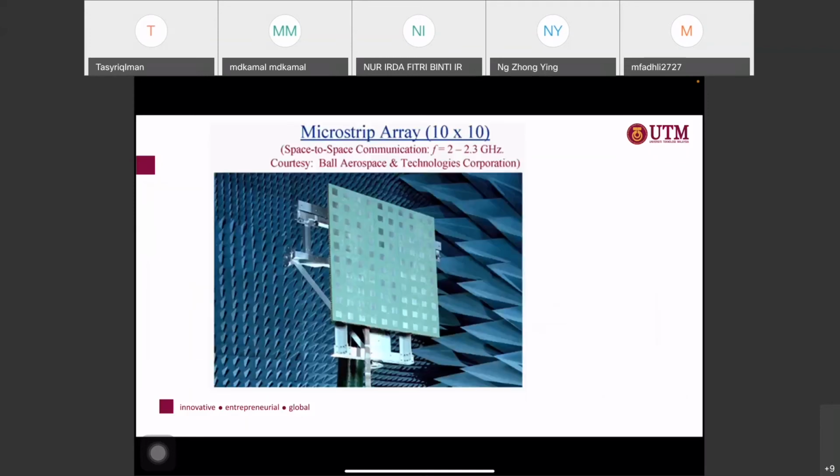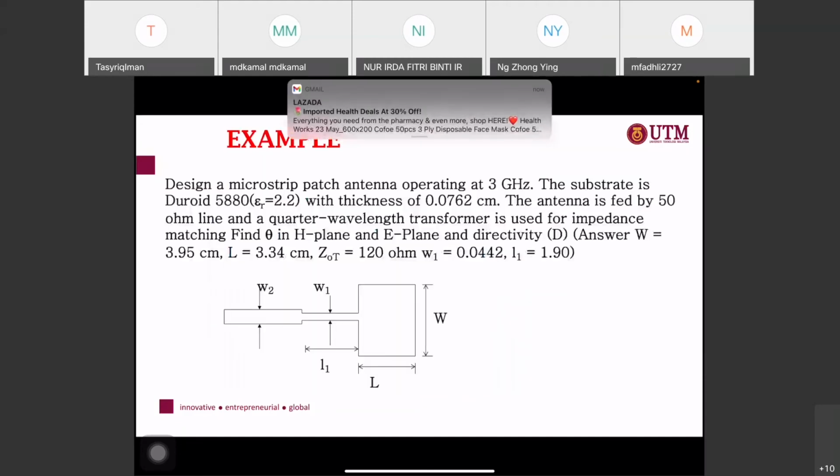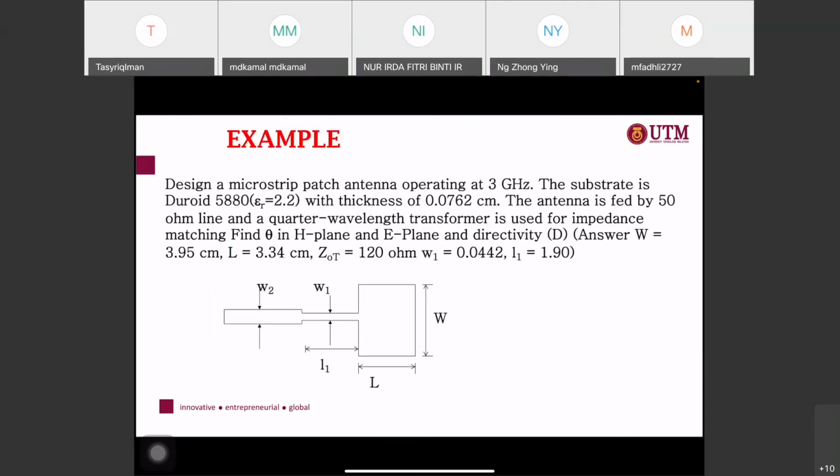As you can see, this is 10 multiplied by 10, so the number of elements is roughly 10 by 10. This is what we call the planar type of antenna array. The operating frequency is 2 to 2.3 GHz, and this is for space communication. This is an example of a microstrip array. You can look at this example and do it at home.